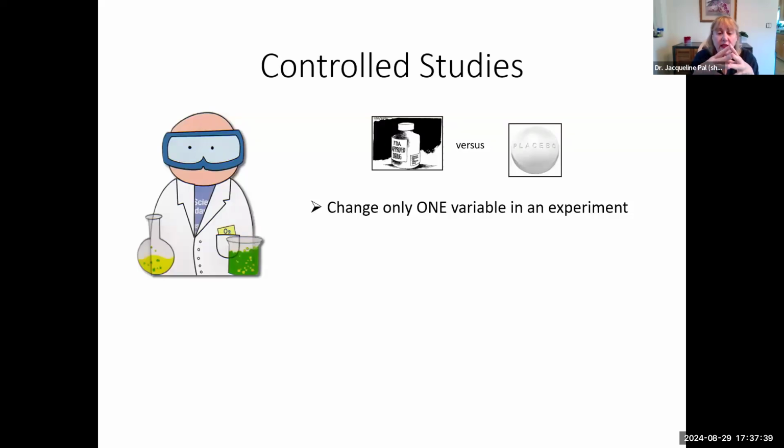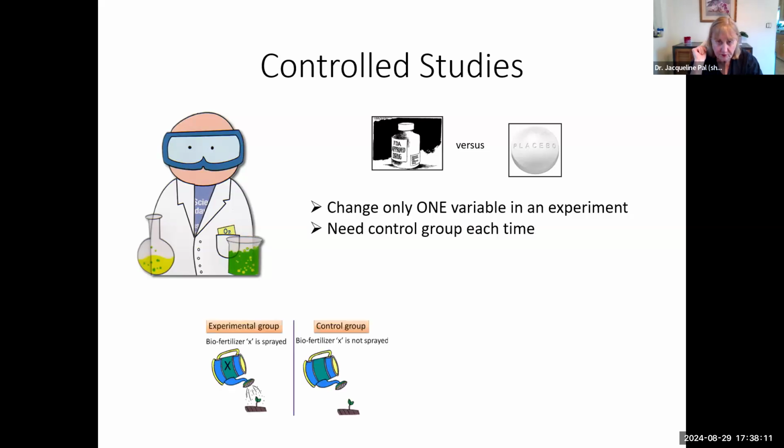If you are looking, for instance, at a new treatment for a disease, you would have to test the new treatment against the standard treatment to see if there were any changes. Or if there was no standard treatment for the disease, you would have to test the new treatment versus a placebo pill. So people would think they were getting a treatment. They just would not be getting any treatment, but they would think they were getting a treatment.